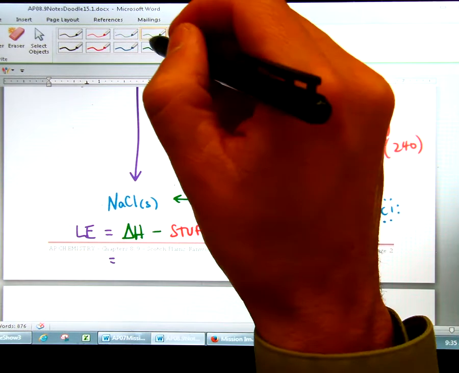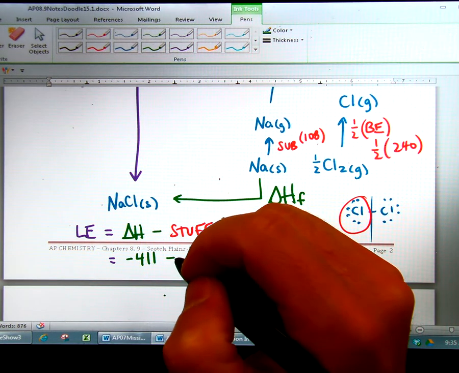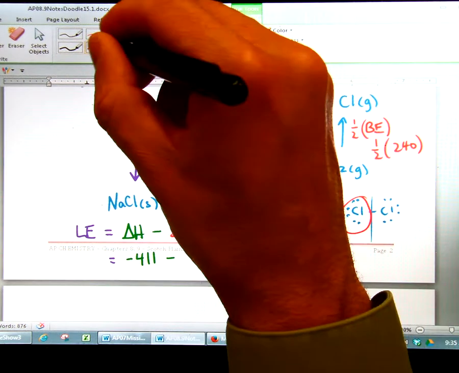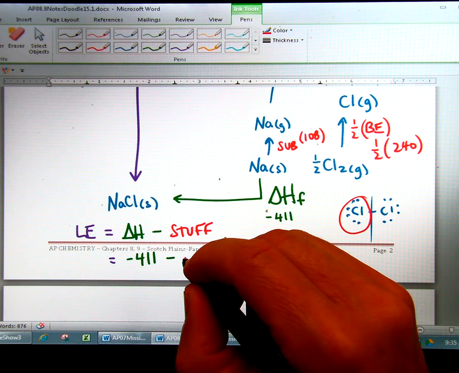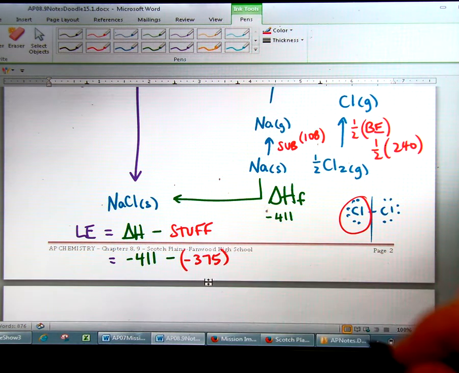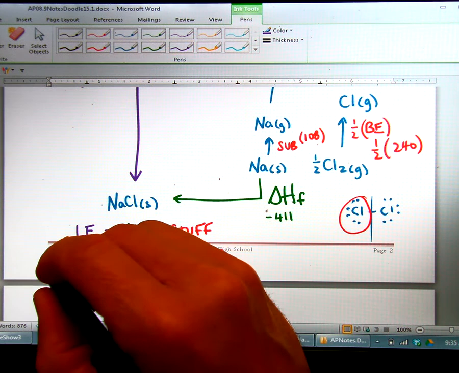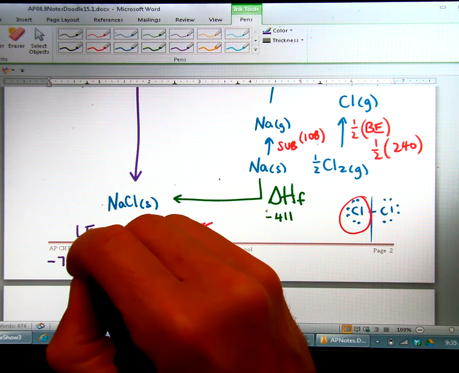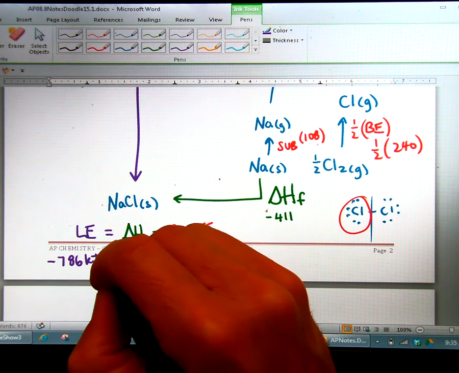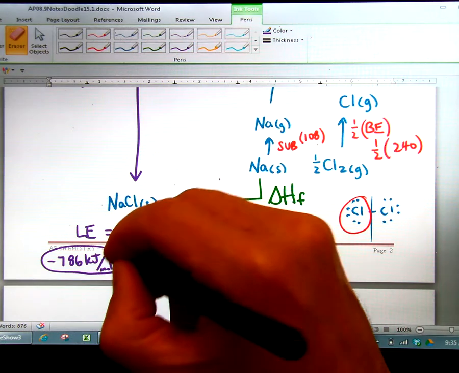So the delta H is negative 411 minus the stuff, which if you add that all up together is going to be negative 375. So watch your minus signs because you have to minus a negative. And when you do all that, you should get negative 786 kilojoules per mole as your answer for the lattice energy.